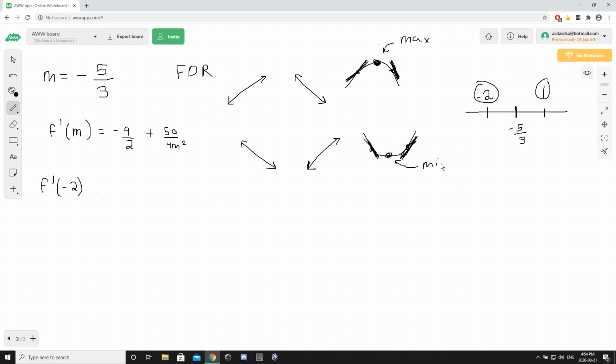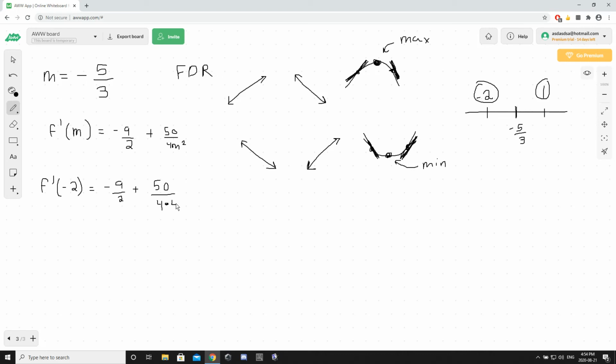Okay, so let's just do that. So negative 9 over 2 plus 50 over 4. And then m squared, well, that's going to be negative 2 to the power of 2.